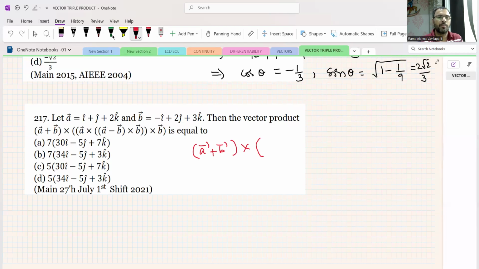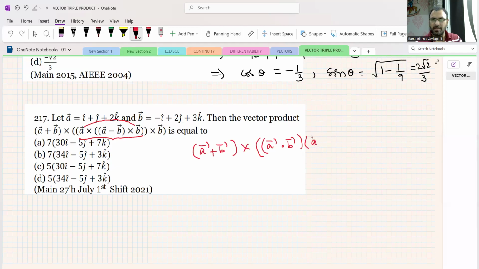I'll apply the triple product here. First I'll take the farthest one, that is A dot B into A bar minus.